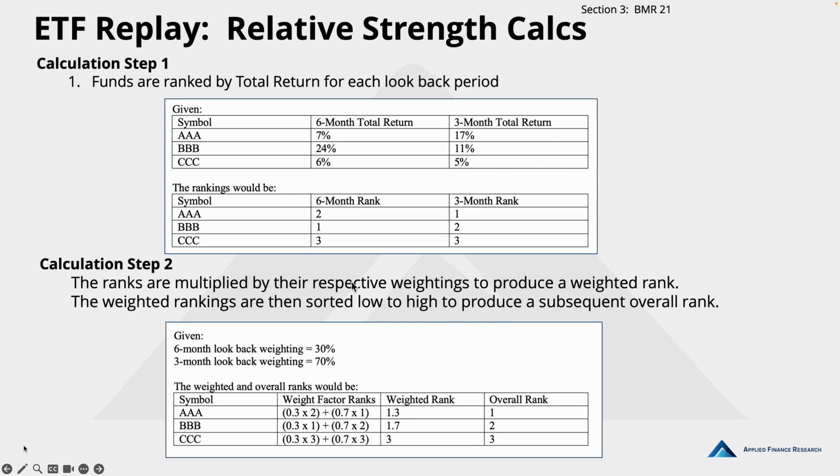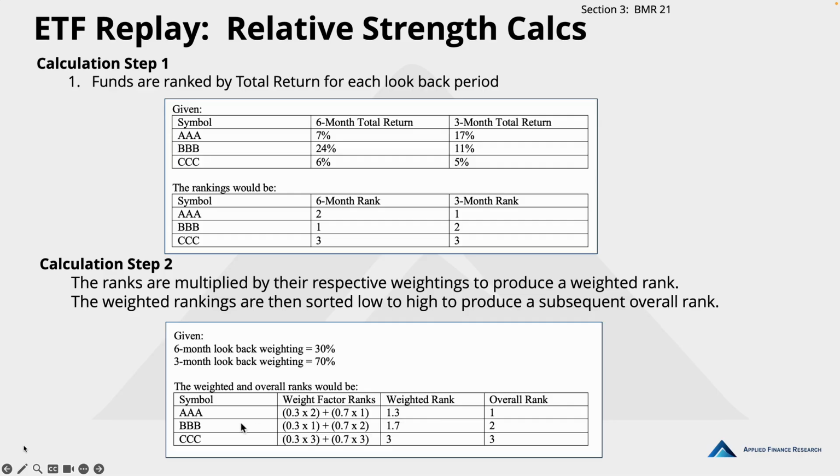So in the example that we have here, we would multiply 0.3 by 2 because we're ranking the 6-month look back at 30%, and AAA was ranked number 2 for that look back period. And then we would multiply 70%, that's our 3-month look back, by 1 because AAA was ranked first for 3 months. So we would get a weighted rank of 1.3.